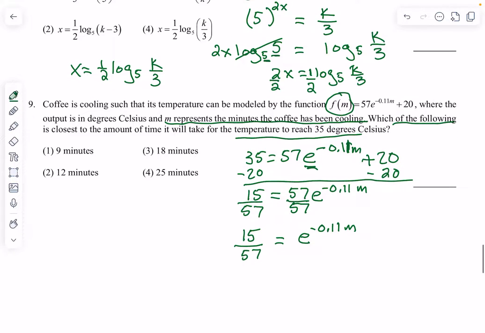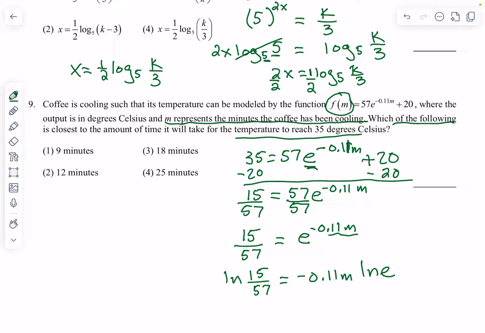Okay, now we're going to take the natural log, and we can't take the log because we're dealing with e. I mean, it does work, but it's really not acceptable. Natural log 15 over 57 is equal to, the exponent goes in front, negative 0.11 m natural log of e.